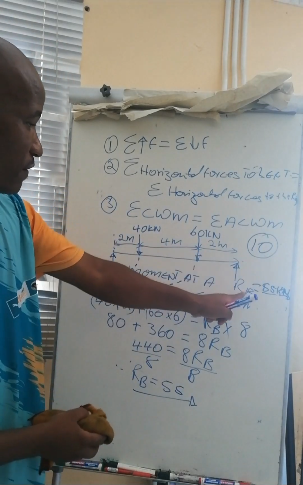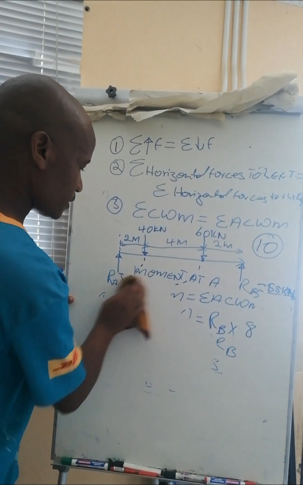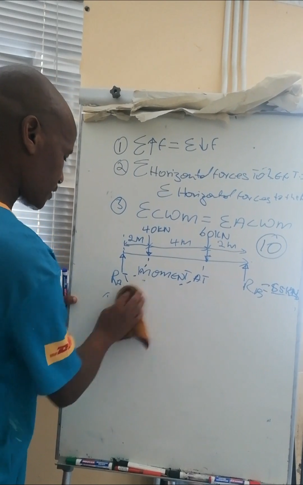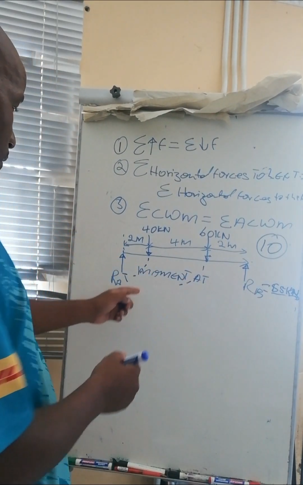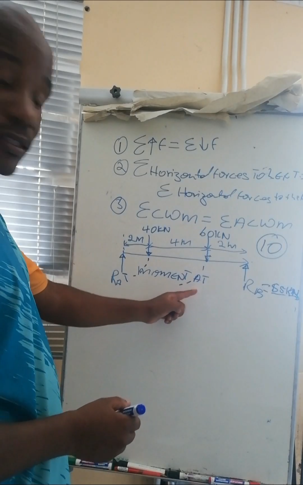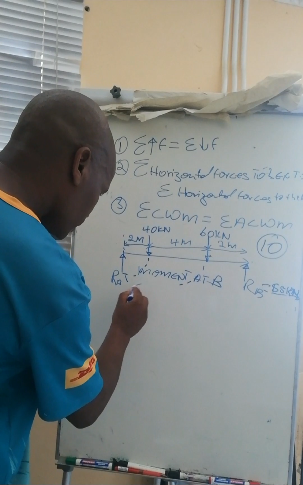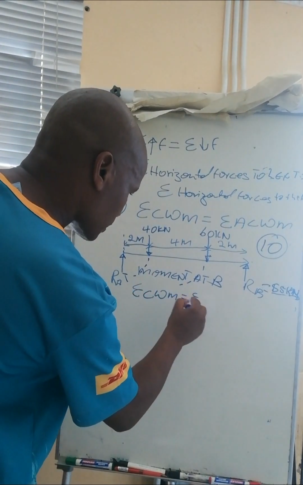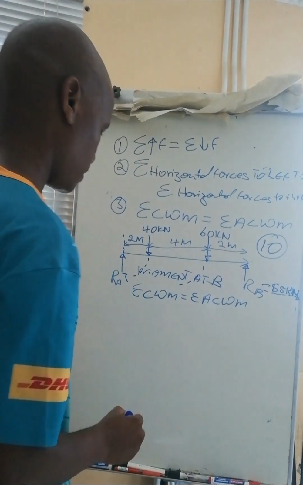Now that we've got 55, you also have to find the reaction at A, because you got the reaction at B. Now it was the moment at A, now it's going to be the moment at B. The sum of the clockwise moments is equal to the sum of the anti-clockwise moments.